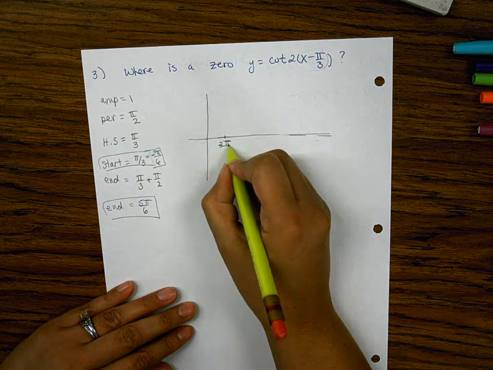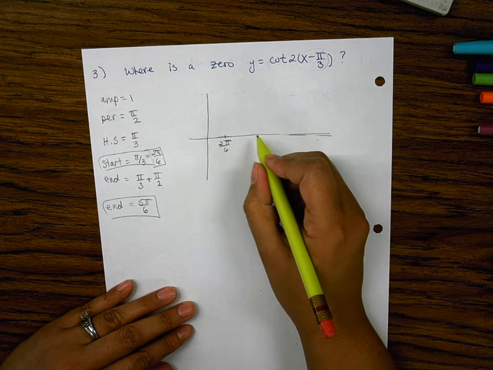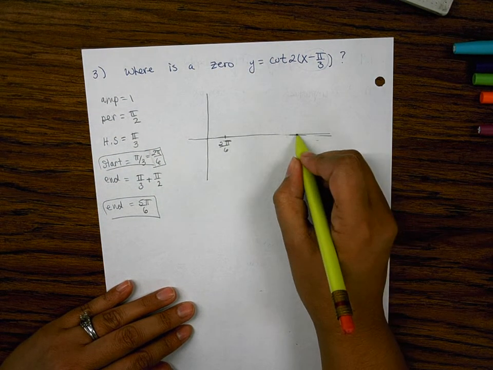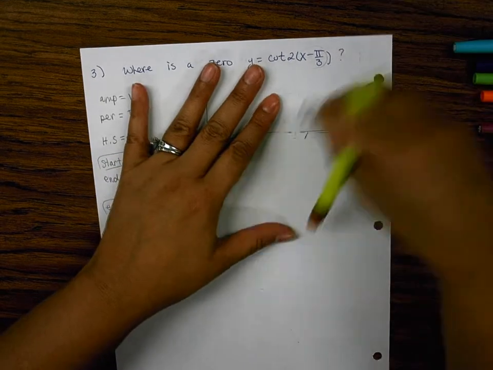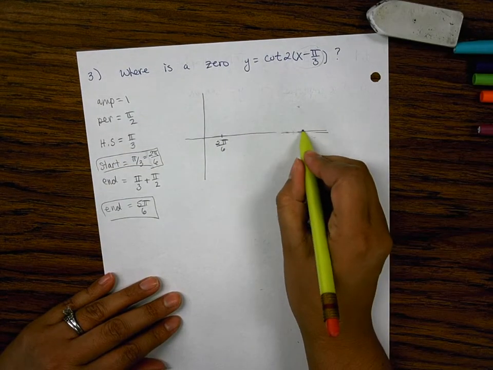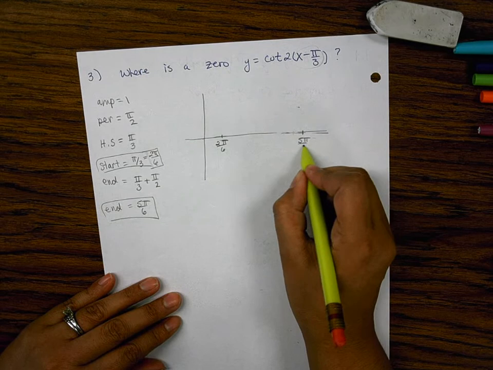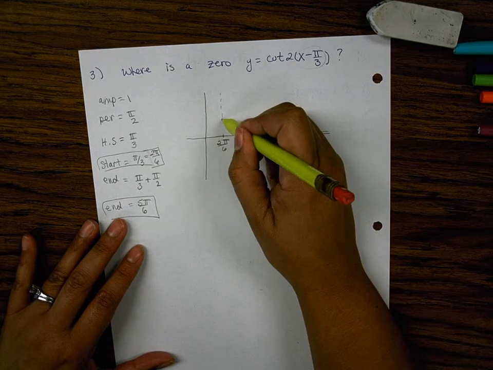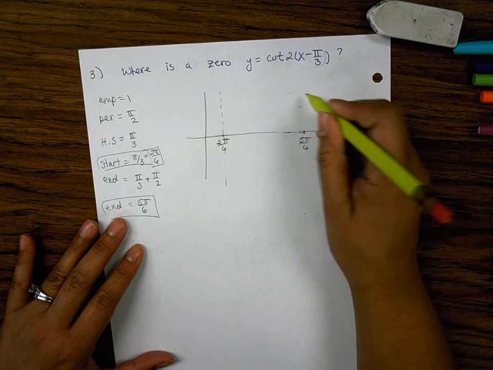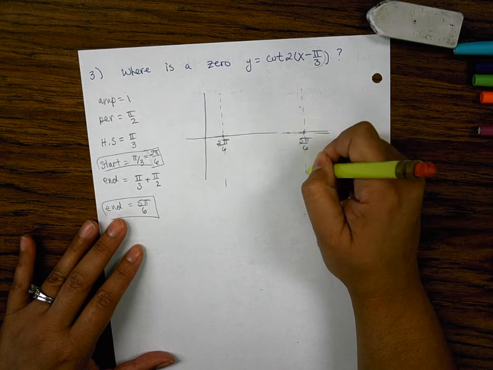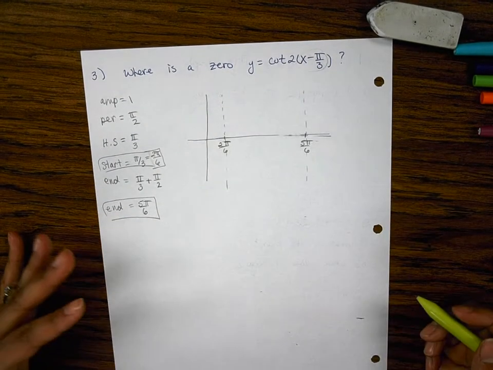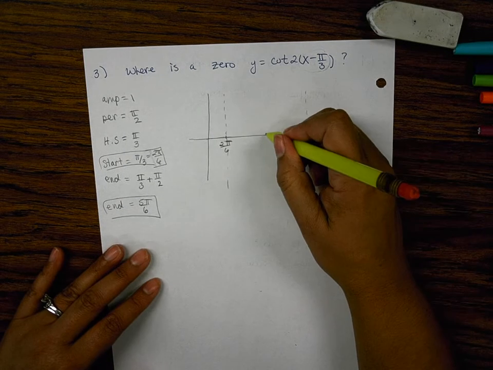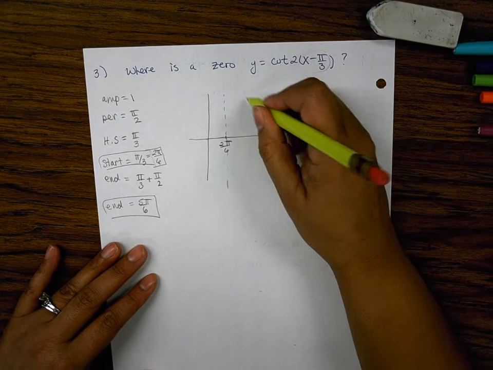Does everyone see that? 2 pi over 6 is pi over 3. So since they are equivalent fractions, I'm simply going to change pi over 3 to 2 pi over 6. And I'm going to put 5 pi over 6 out there. Okay, here are my asymptotes.